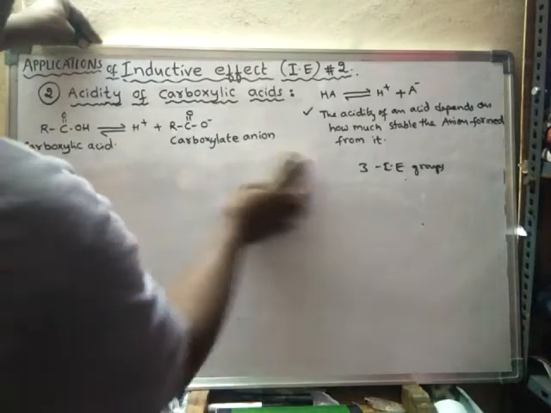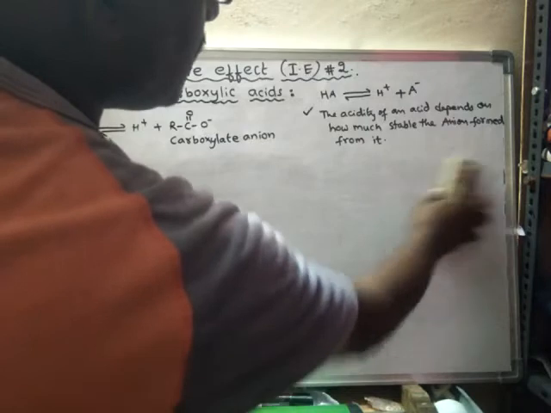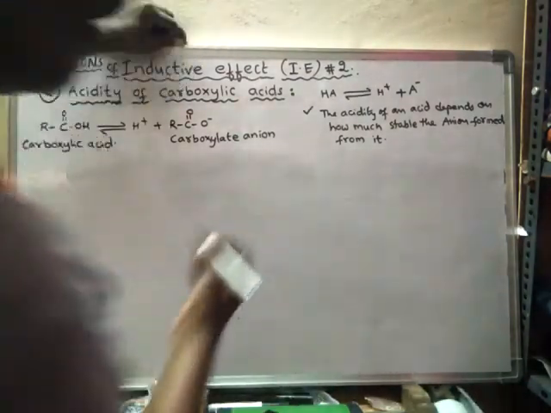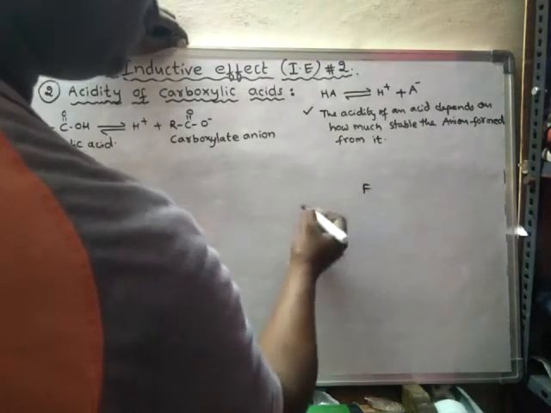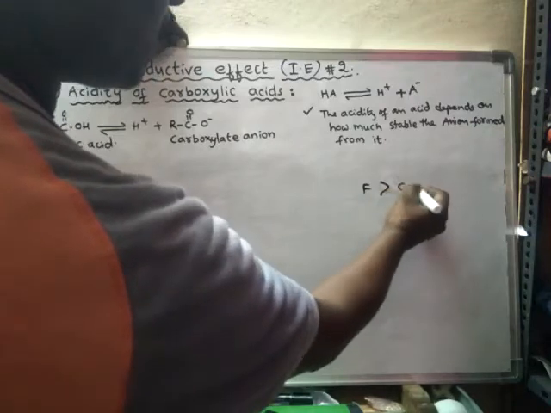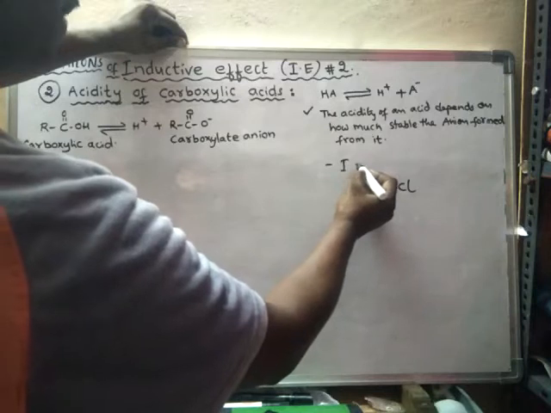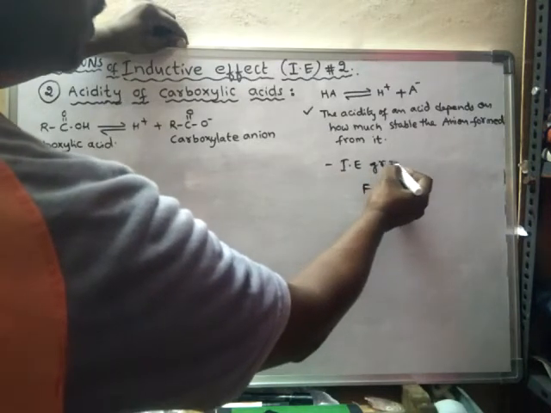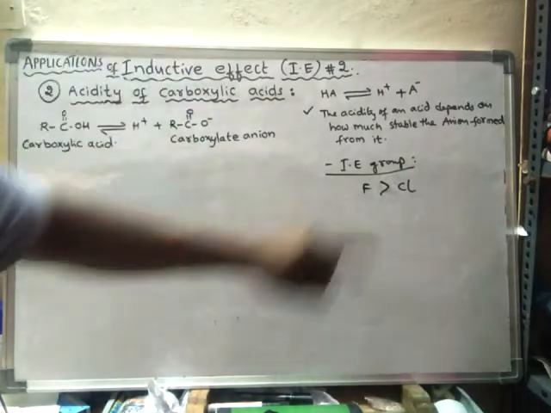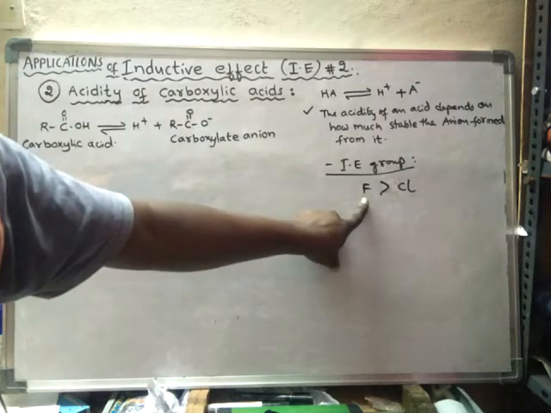With the increase in the minus I effect, when compared to fluorine, as we have already seen, the minus I effect shown by chlorine is less. In the order of minus I effect groups, fluorine shows more negative inductive effect than chlorine.